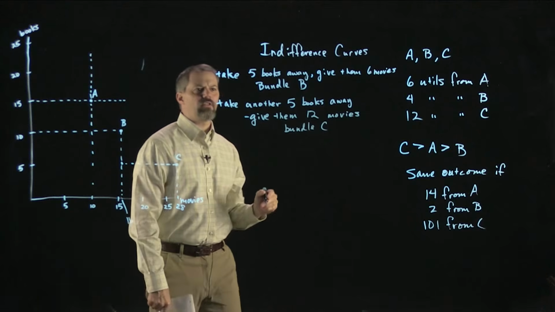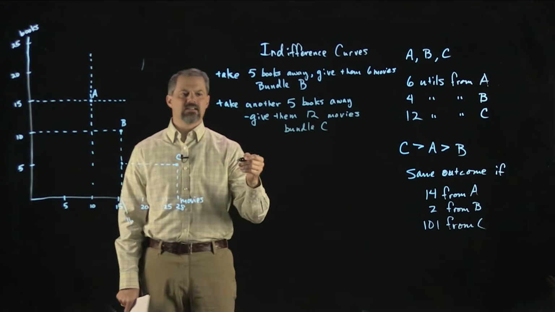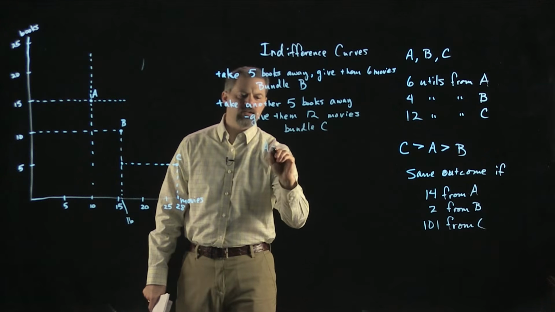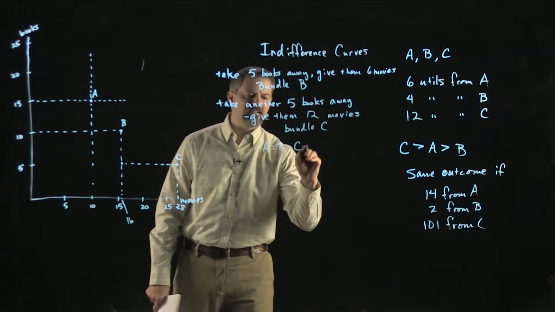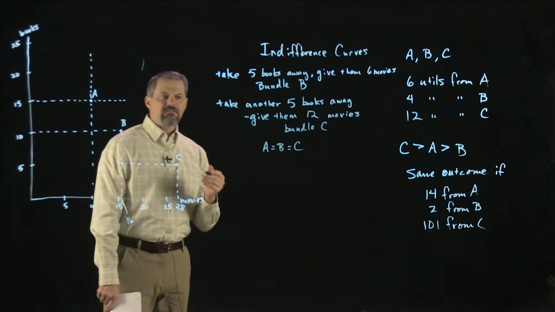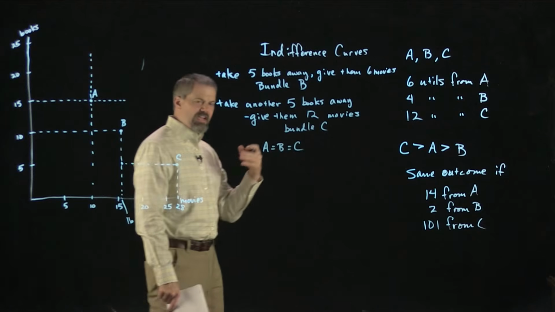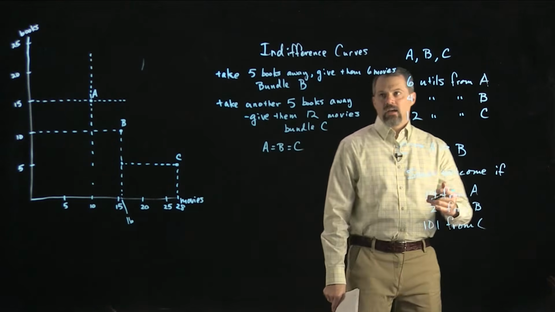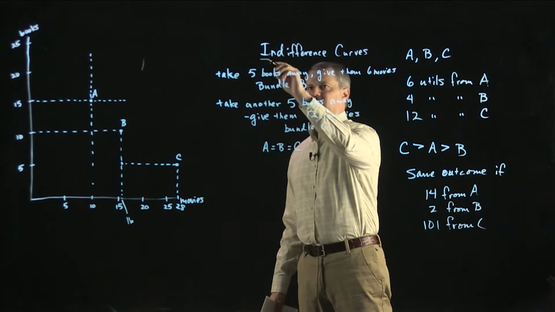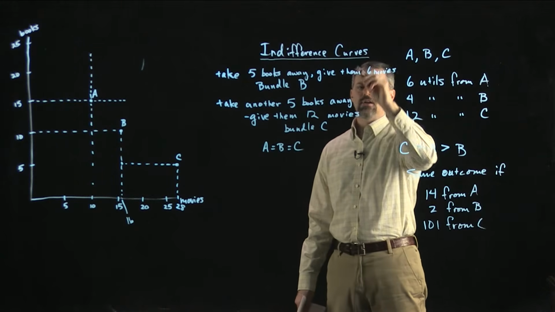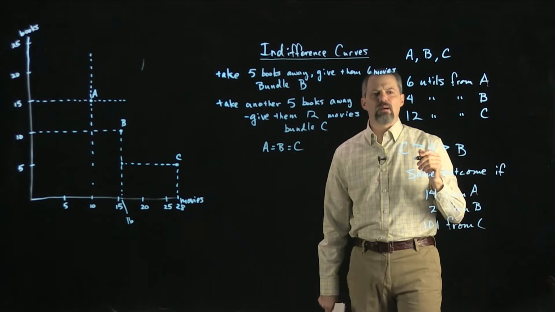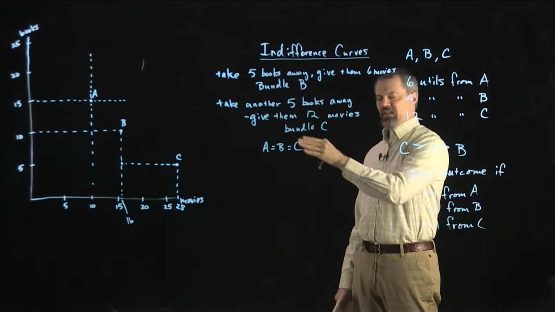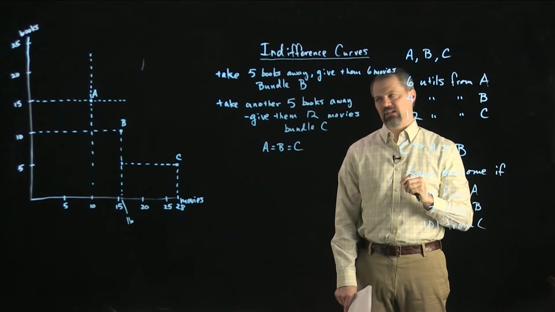Now notice that the way we have constructed this, they are indifferent between bundles A and B and C. We are finding bundles that they are indifferent between. And remember, what we're trying to do here is find an indifference curve. An indifference curve represents all of the bundles on that picture that they are indifferent between.